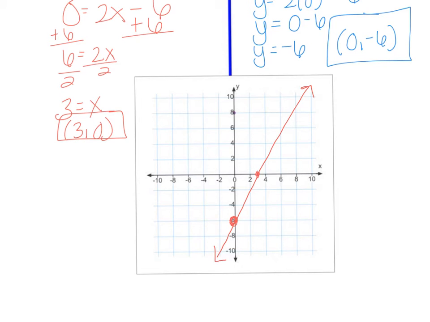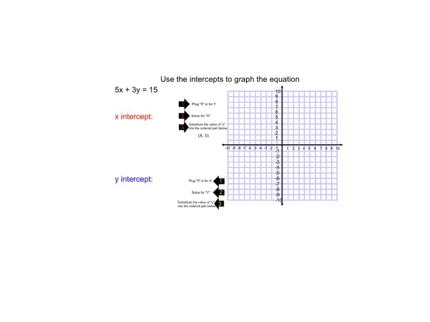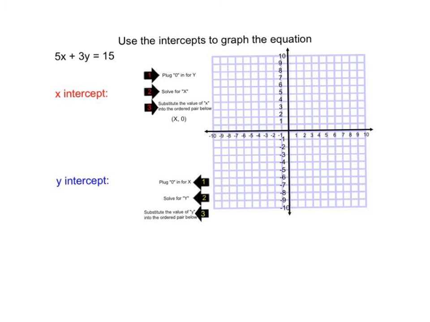Let's look at another example. Let's begin here by finding our x-intercept. Here's our steps again. Let's plug in 0 for y. So 5x plus 3 times 0 equals 15. Now let's solve that equation. 5x plus 3 times 0 is 0.